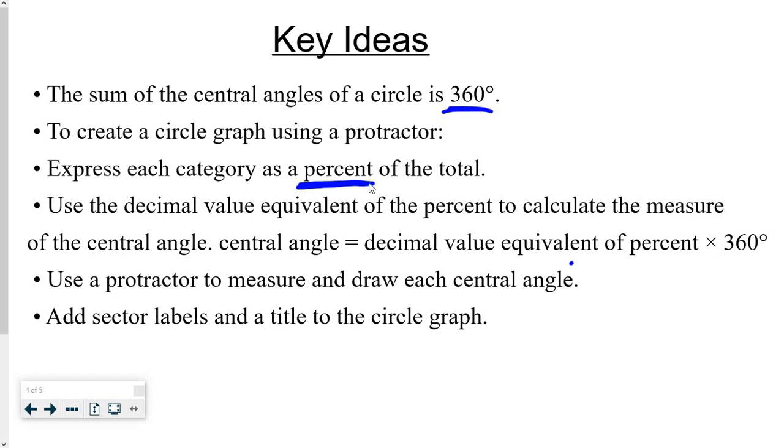That's that percent times 360 equals the degree that you use for the sector. Use a protractor to measure and draw each central angle, and a central angle is how much a sector is. Add sector labels and a title to the graph. So add labels and a title, because you will be docked marks for that.